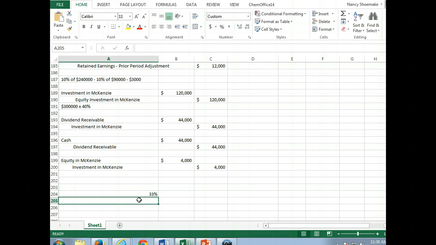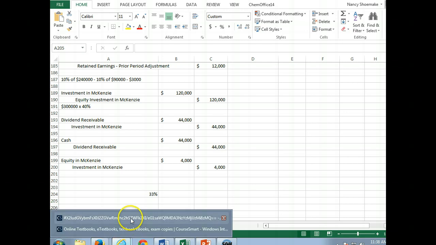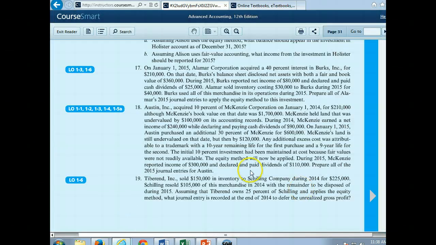The second thing we have to do is to determine how much of this we need to defer. So they tell us that the ending inventory is the difference between what they sold, the 225 minus the 105, for the reseller.